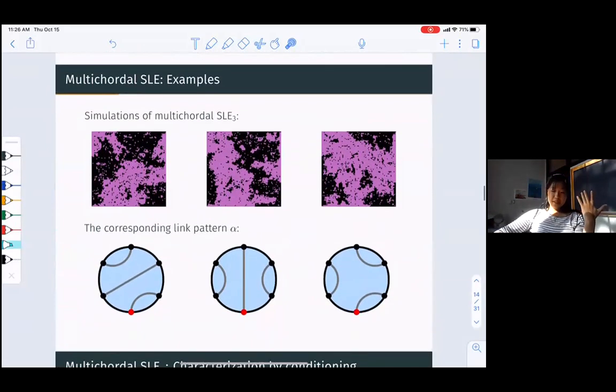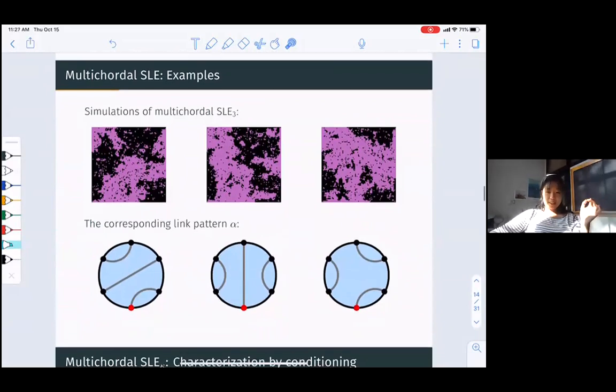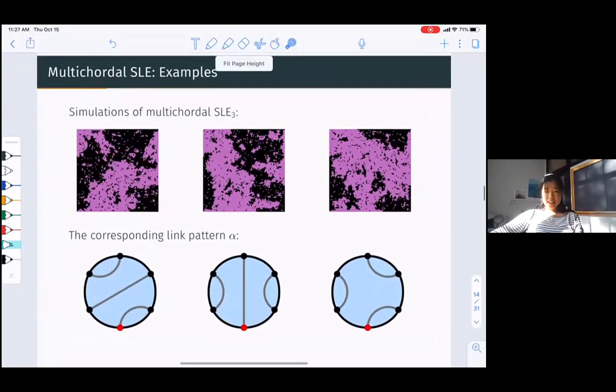And let's move on to multichordal SLE. It's slightly more general than single SLE. The multiple SLE comes from multi-interface statistical mechanics models, where you can put alternating boundary conditions.